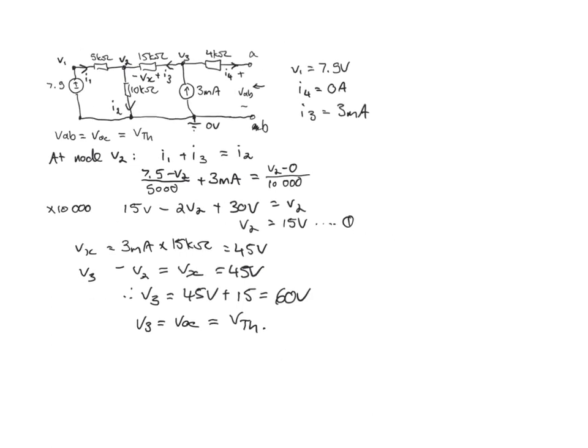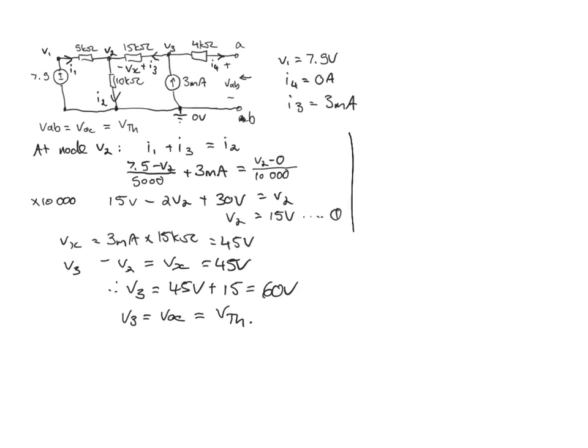The other part of finding a Thevenin equivalent for a circuit is we have to find R Thevenin, and we do that by turning off all the sources. And remember we said in the superposition lecture that means that we turn the voltage sources to 0 volts.